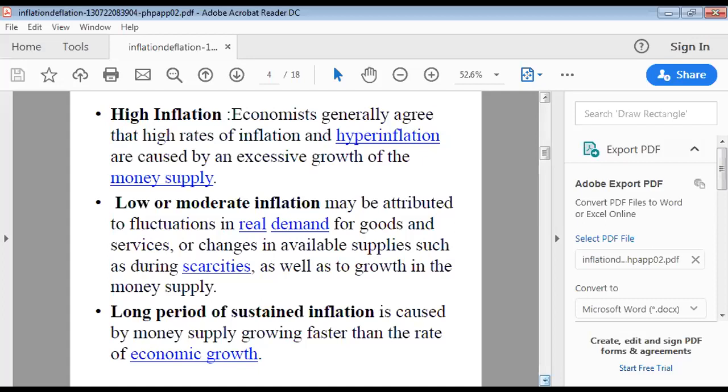That growth in the money supply is the major reason for hyperinflation as well. A long period of sustained inflation is caused by money supply growing faster than the rate of economic growth.